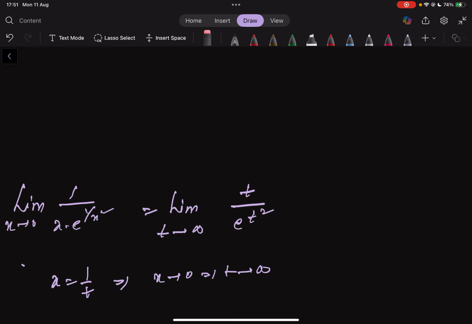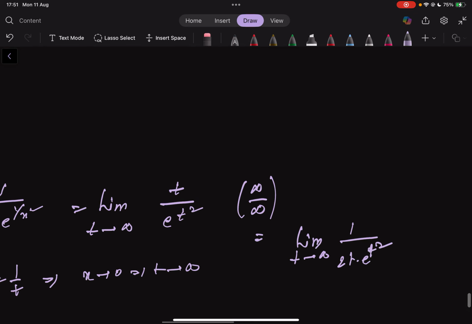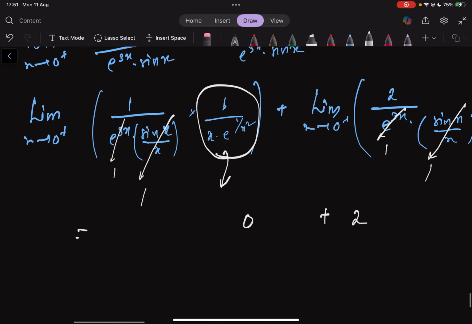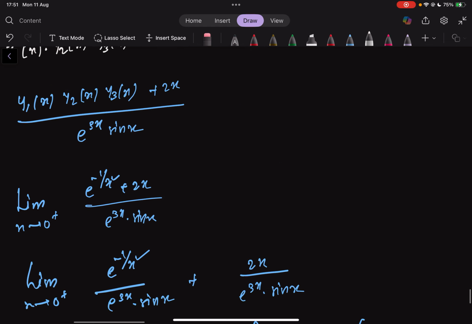Or we can also use L'Hospital here because we have the infinity by infinity form. If we use L'Hospital, we get the limit as t tends to infinity of 1 by 2t into e to the power t square. Now as t tends to infinity, this tends to 0. So that's how we are getting this as 0 plus 2. So the final limit value will be 2.